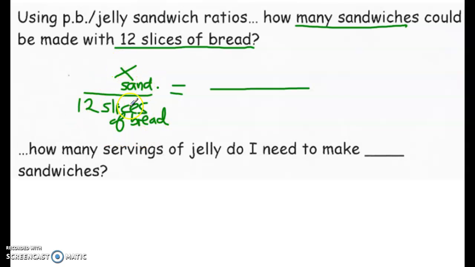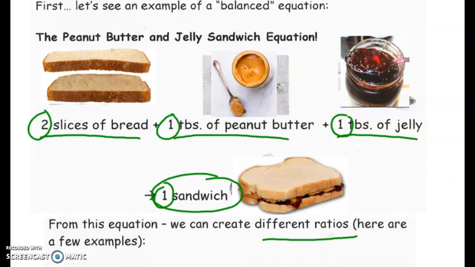The bottom denominator on the left is what we have. On the opposite side, this is where we're going to put our ratios from the coefficients. We know from this reaction that we have 1 sandwich for every 2 slices of bread.